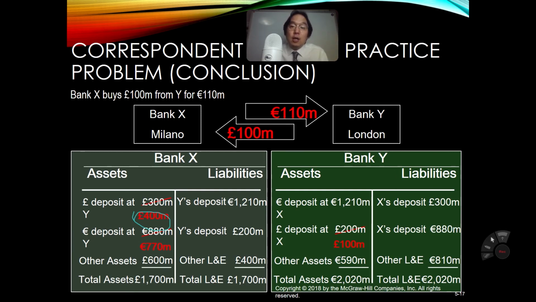And that should increase the euro account asset of Bank Y, so by 110 over here. And that means Bank Y's deposit in British pounds should be going down, which is what happened over here.